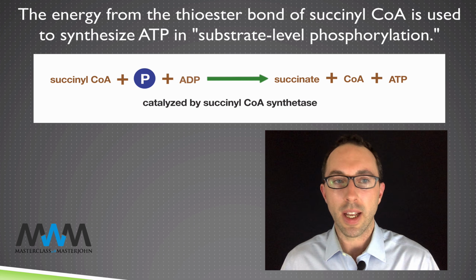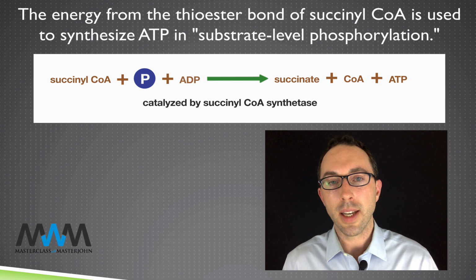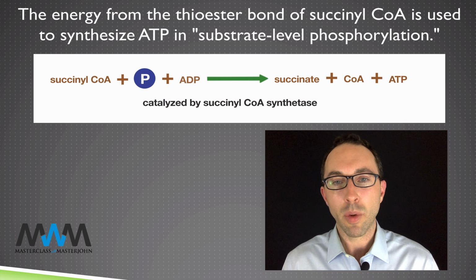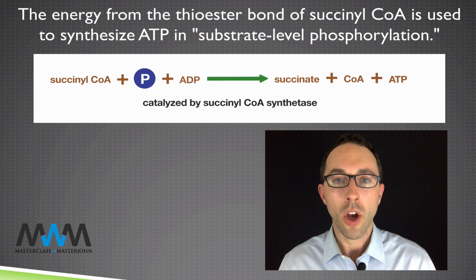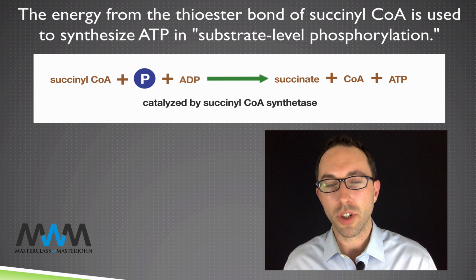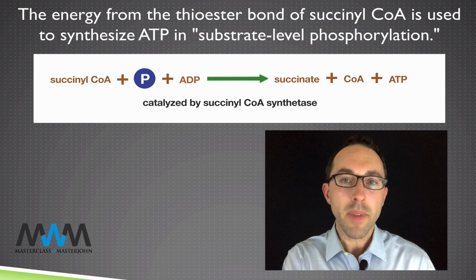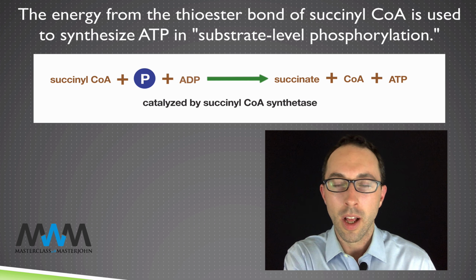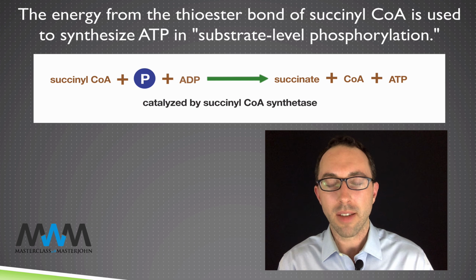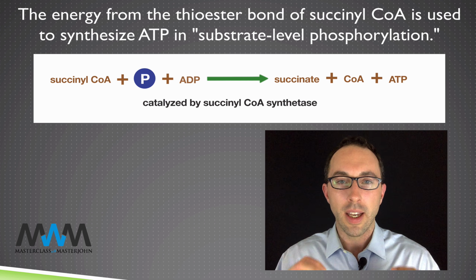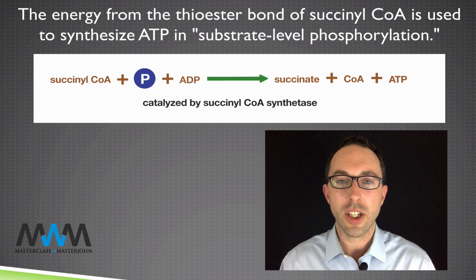It's called substrate level because succinate and succinyl CoA are substrates in the TCA cycle reactions, and we're synthesizing ATP there in a rather unusual manner compared to most ATP, which is produced in the electron transport chain with energy taken from the substrates of the citric acid cycle and carried by NADH. Here, the substrates of the citric acid cycle directly invest energy in the phosphorylation of ADP.